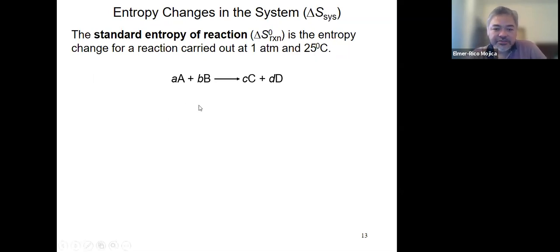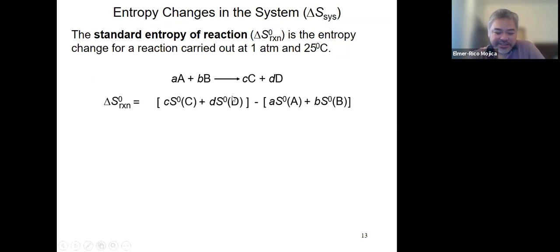If you look at this, this is the typical equation. If you want to get the delta S, it is the sum of the products of the coefficients times the given S values of the products, minus the sum of the products of the coefficients times the S values of the reactants.